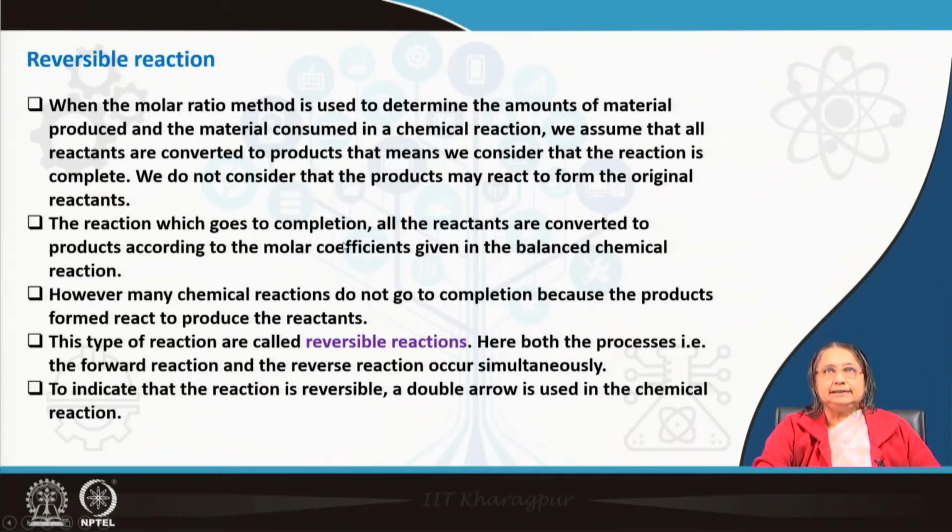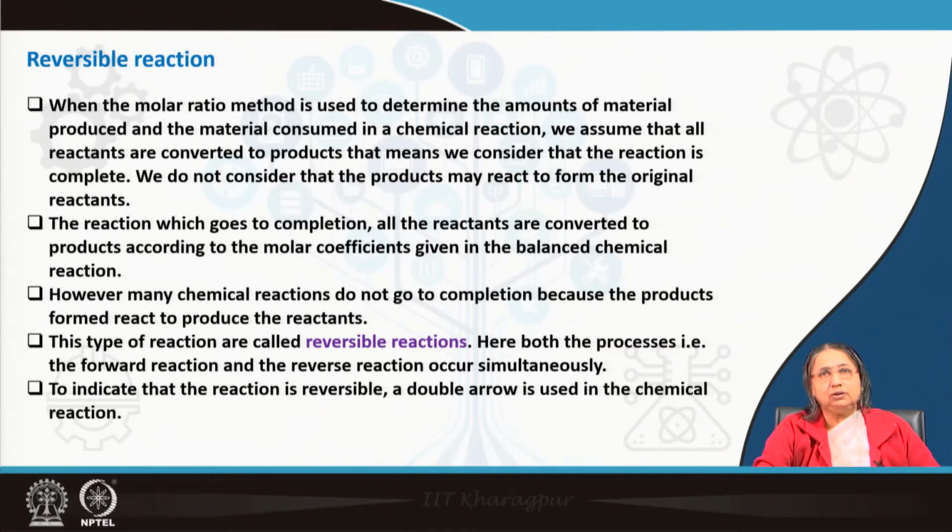All the reactants are converted to products according to the molar coefficients given in the balanced chemical reaction in a complete reaction, 100% conversion. But almost all chemical reactions do not go to completion, because the products formed react to produce the reactants. That means the opposite reaction also occurs.